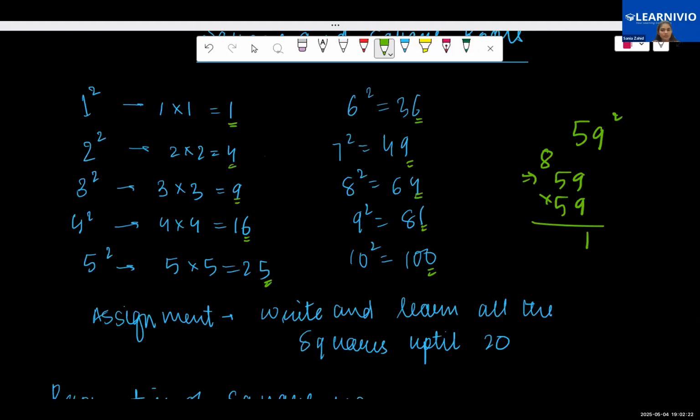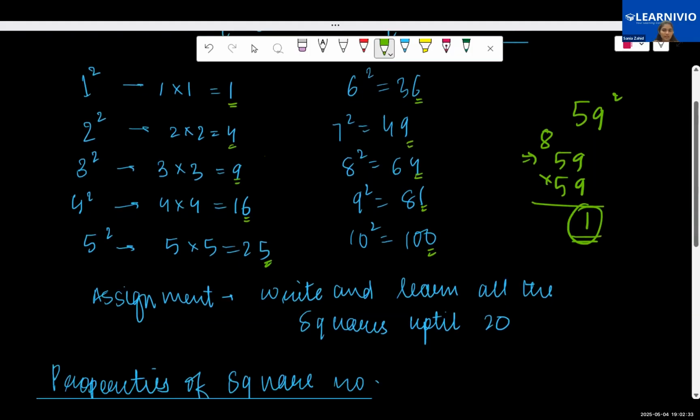And then, without even solving, I know that 59 square will end with 1, right? Because when you solve the entire thing, ultimately when you add, your last number would be 1, isn't it? So without even solving, I can just directly tell 59 square is ending with 1.